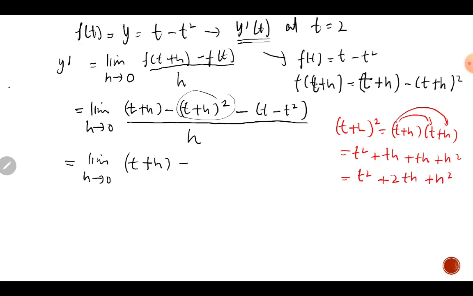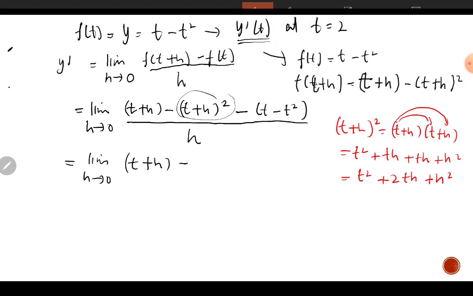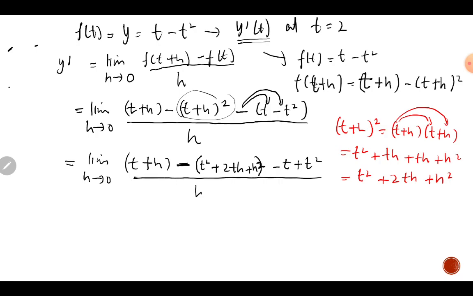Okay, so dari sini kita akan dapat minus ni, careful, saya put everything into a bracket. So we have t square tambah 2th tambah with h square. Square tak nampak, takut tertinggal. And then ni darab masuk ya. We have negative t. Then darab masuk, negatif darab dengan negatif, kita dapat tambah t square over h.